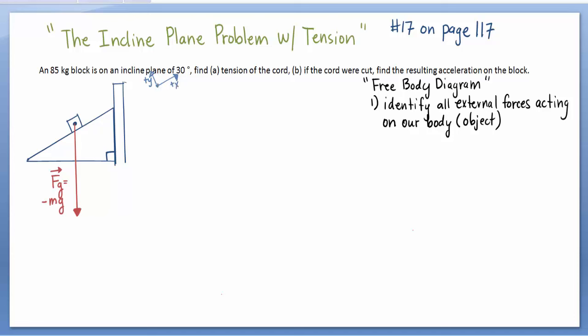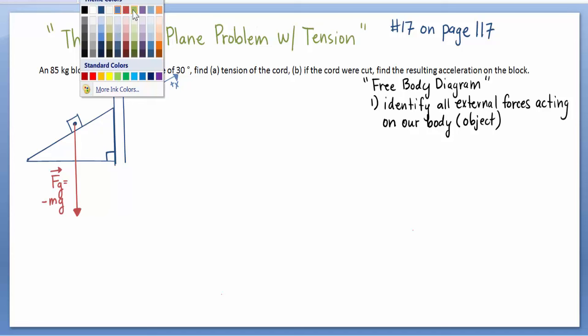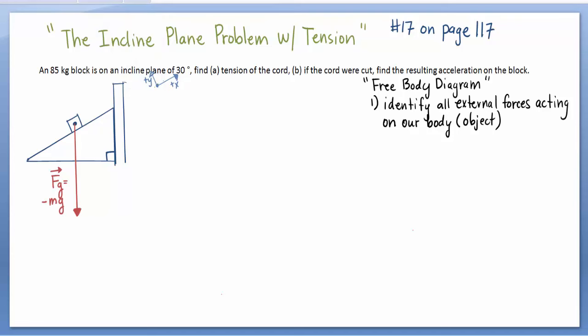We consider that our center of mass for our object, and any motion in this direction gives us negative x. Any motion in that direction gives us negative y.